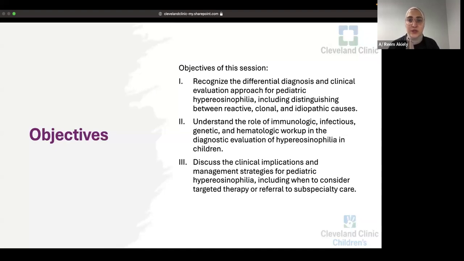At the same time, we wanted to share the importance of comprehensive immunologic, infectious, and hematologic workup in the evaluation of hypereosinophilia in children. Lastly, we wanted to discuss the importance and implications of trying to know the etiology behind the hypereosinophilia, as it can dictate the management strategies and the need for referral to subspecialty care.